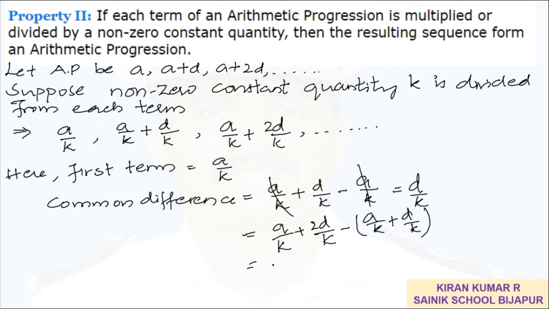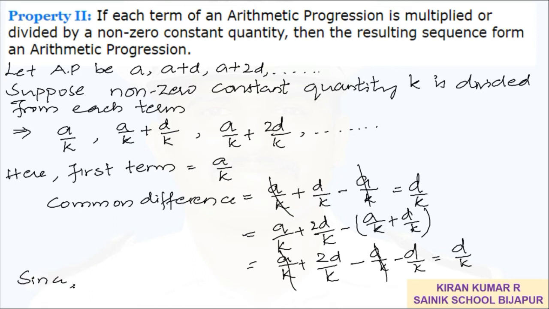What will be the difference? This is a by k plus 2d by k minus a by k minus d by k. A by k gets cancelled. We get the difference as d by k.